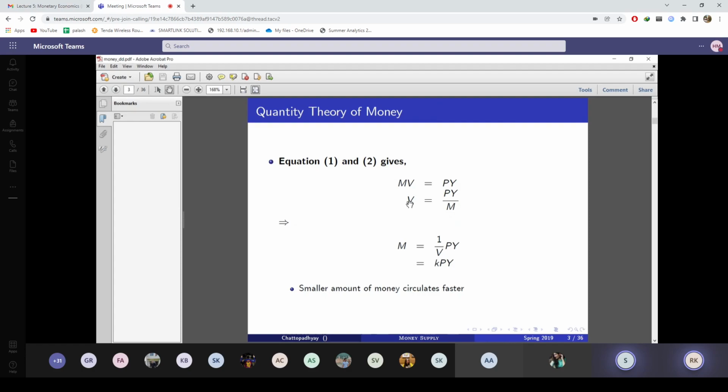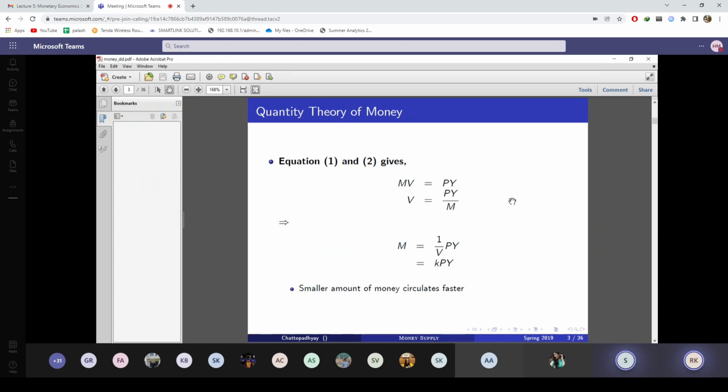Okay, and the velocity of money is basically PY divided by M from this quantity theory of money. So when a smaller amount of money circulates faster, when M falls, V rises. Suppose a small economy has only 100 units of money supply, it circulates faster. 100 रुपया जल्दी से spend हो सकता है.